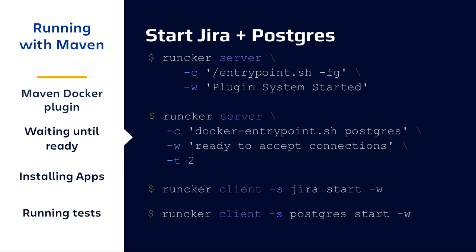And the same thing for Postgres. We're waiting until "ready to accept connections" is present in the output of Postgres. And in this way, from the controller container, we can connect to Postgres first, then wait until it's ready, then restore the database backup, and then connect to Jira, and then tell it to start, because we know that Postgres is ready by that time, right?